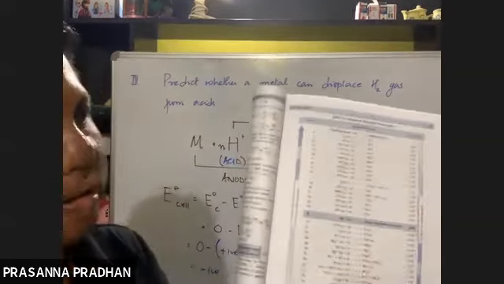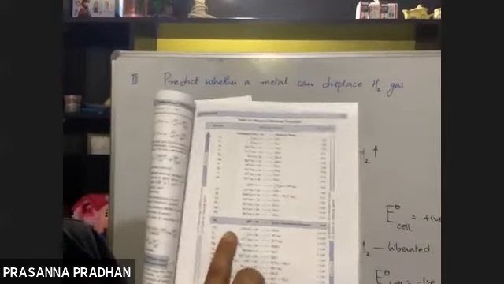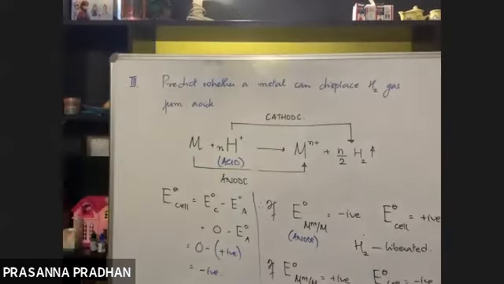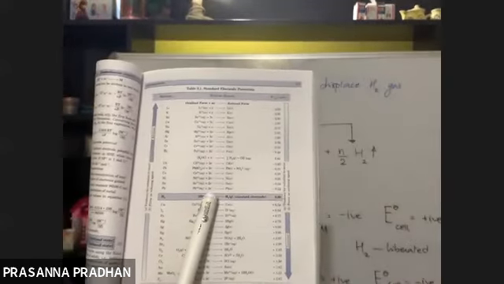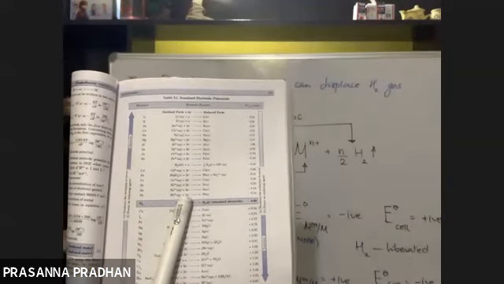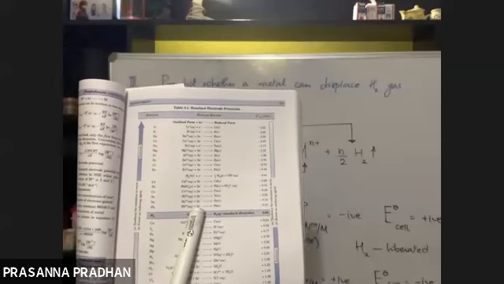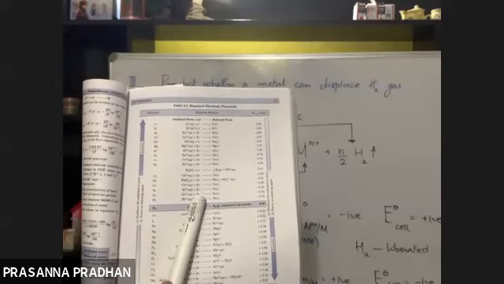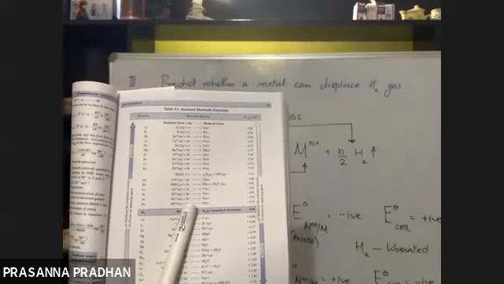So once again, let us have a look at the reduction potential values from the electrochemical series. Look carefully here. We have hydrogen here. Look at the reduction potential values of all the elements above hydrogen. They are negative, which means all those elements can liberate hydrogen gas.